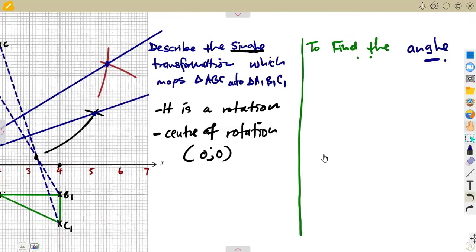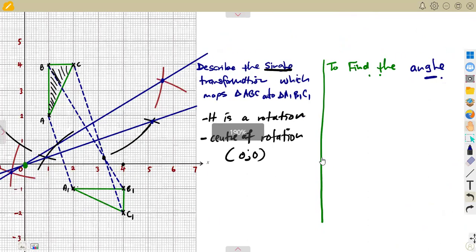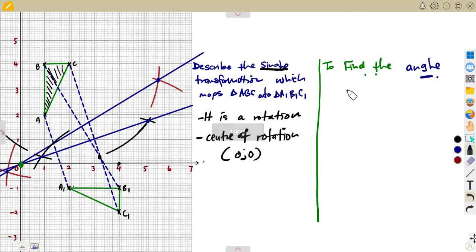You join, just follow up, guys, you understand. You are going to join corresponding points to the center, e.g., A to the center and A1 to the center.